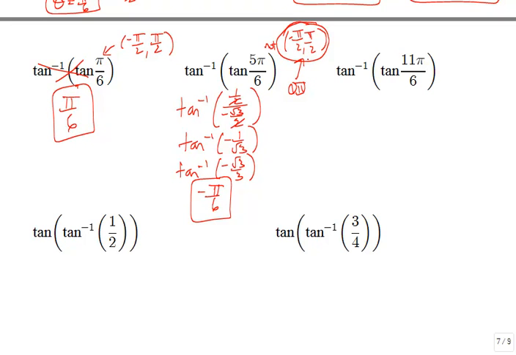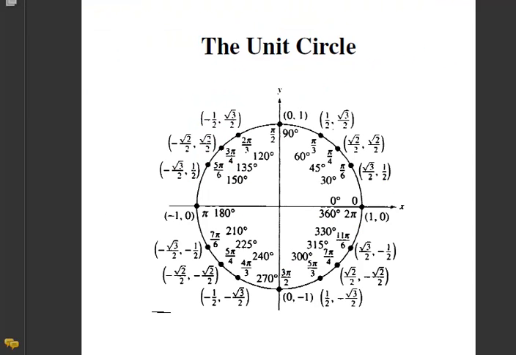Okay, this one here, again, 11 pi over 6 is not between minus pi over 2 and pi over 2, so we're going to need to work from the inside out. 11 pi over 6 is in quadrant 4 over here, and we want this y over this x.